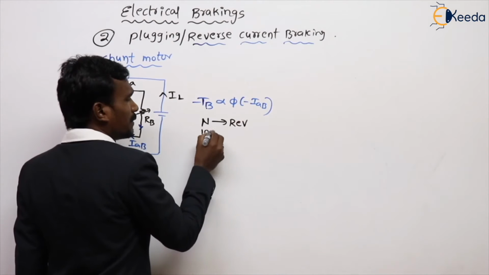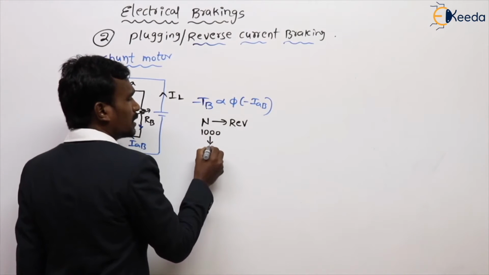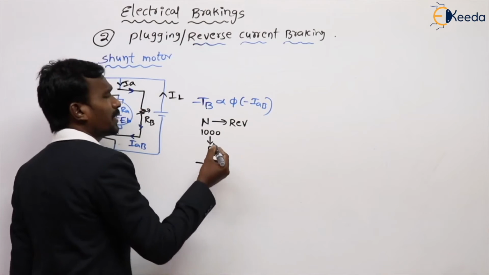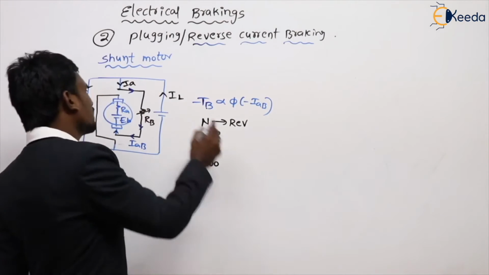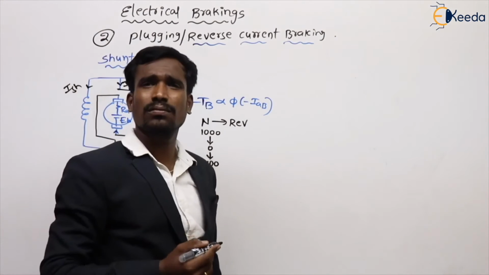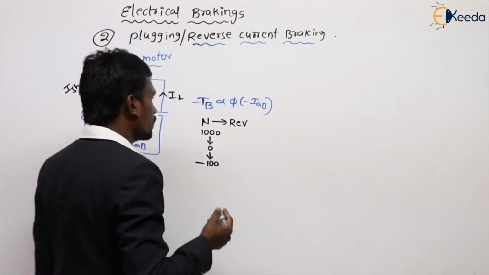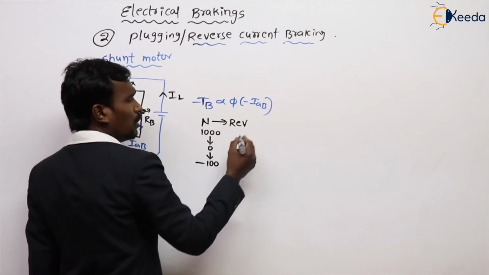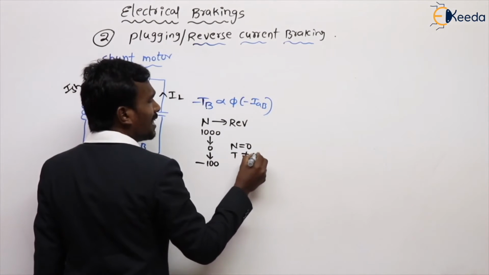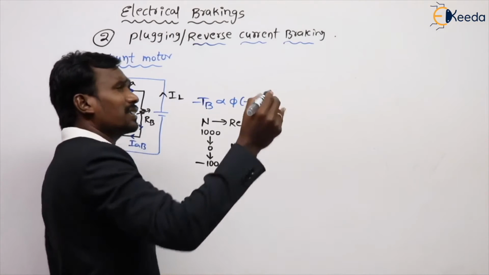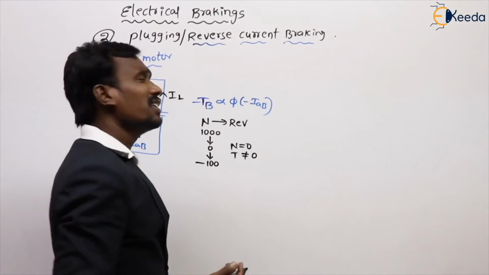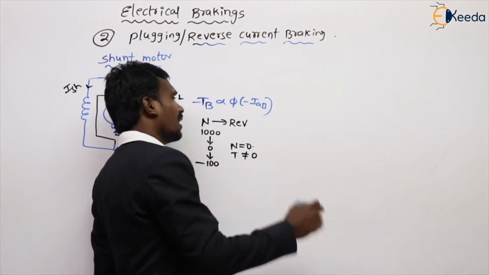When the speed goes from 1000 to 0, after that it tries to rotate in the reverse direction because the reversing current is always flowing. Even though the speed is 0, the torque is not 0, because the current is not 0. The current is continuously flowing.